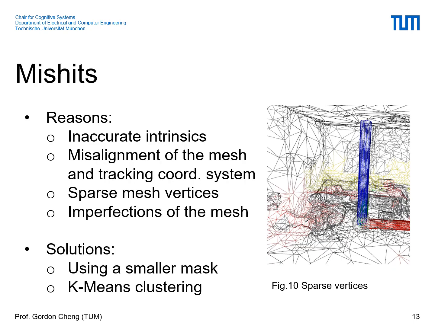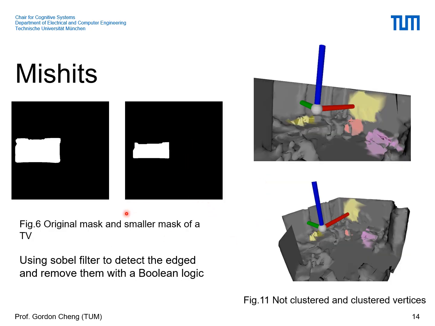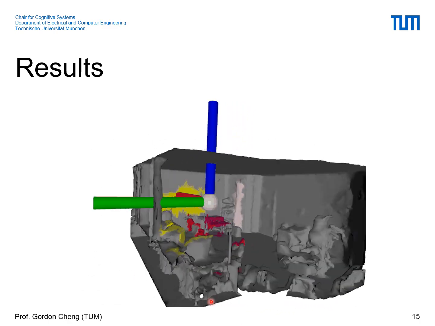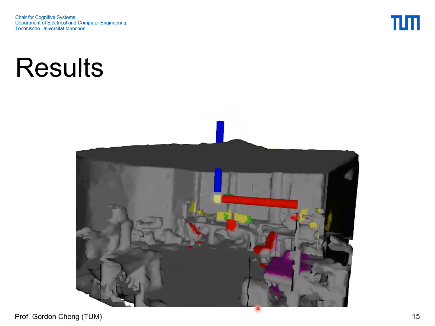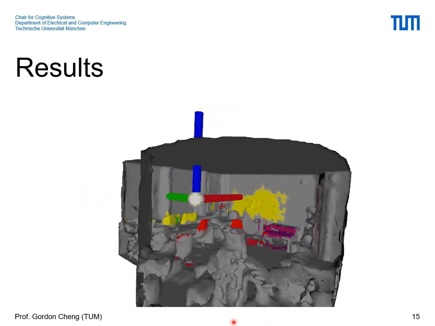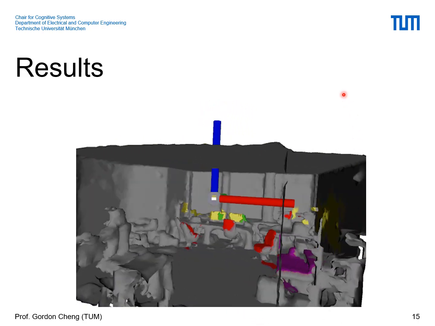And we process the coloring and the mesh further, and we solve some issues, and the final result looks like this, where we actually improve the mesh quality and the coloring quality.